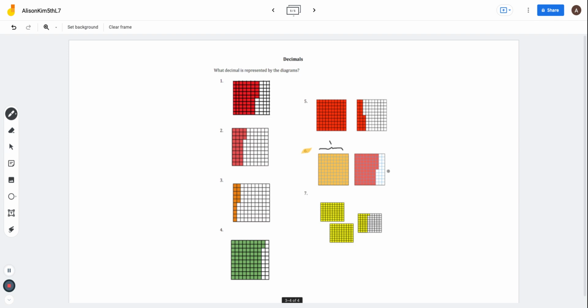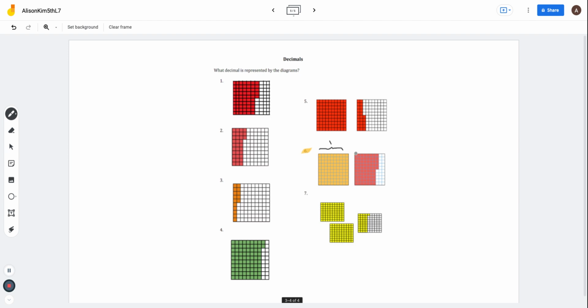But when we look at the red one, let's count again. 2, 4, 6, 7. So 7 whole rows are filled up all the way, right? So 7 times 10.